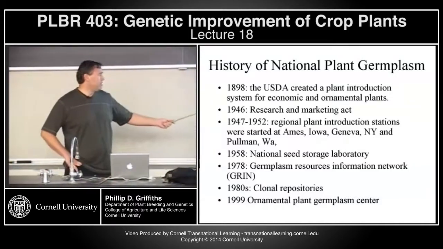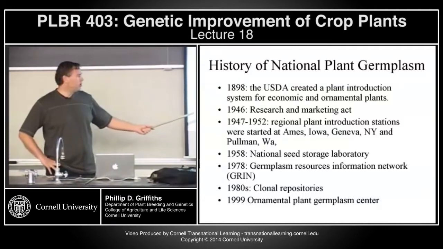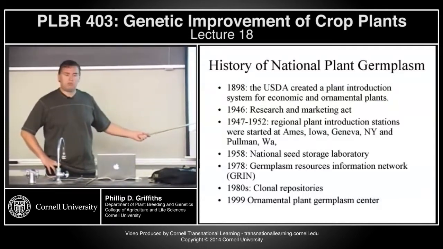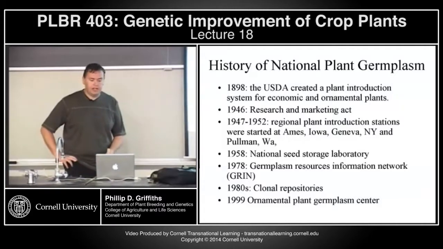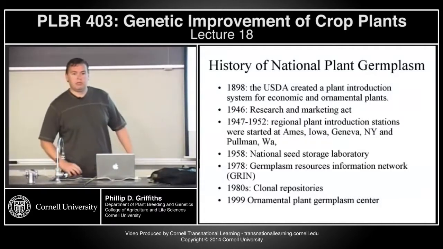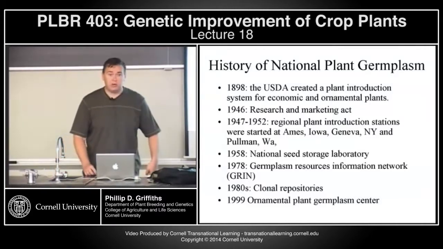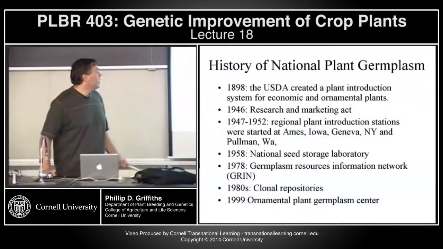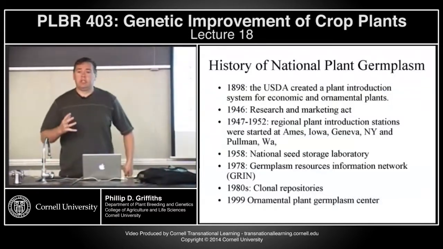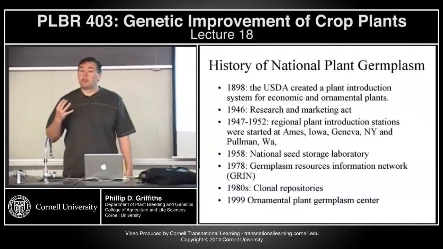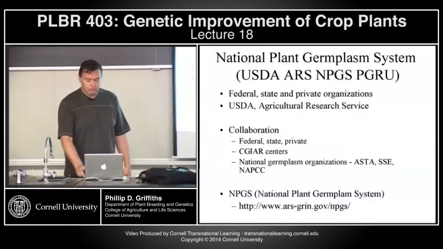More recently, a bigger effort's been focused on the clonal repositories in the 1980s, and in 1999, an ornamental plant germplasm center was opened in collaboration with Ohio State. Initially, a lot of the focus was really on the crops of major importance rather than the diversification of crops.